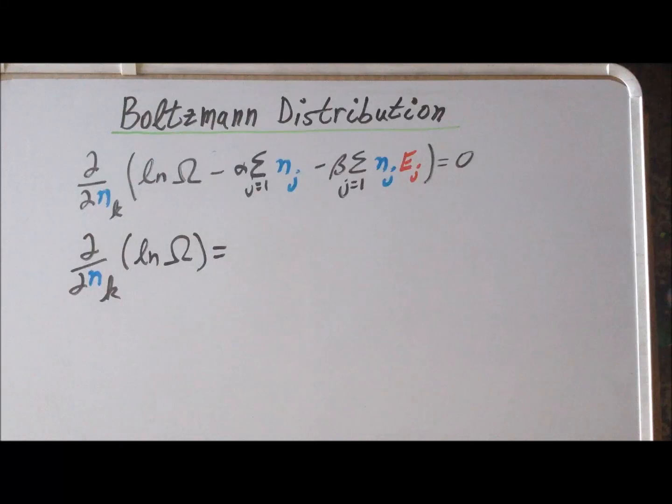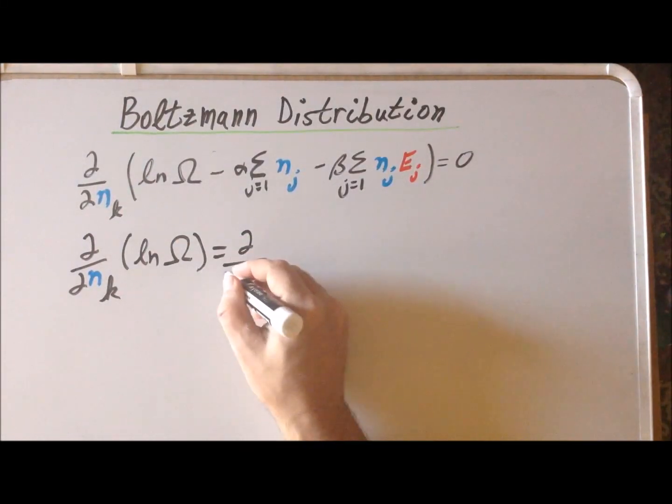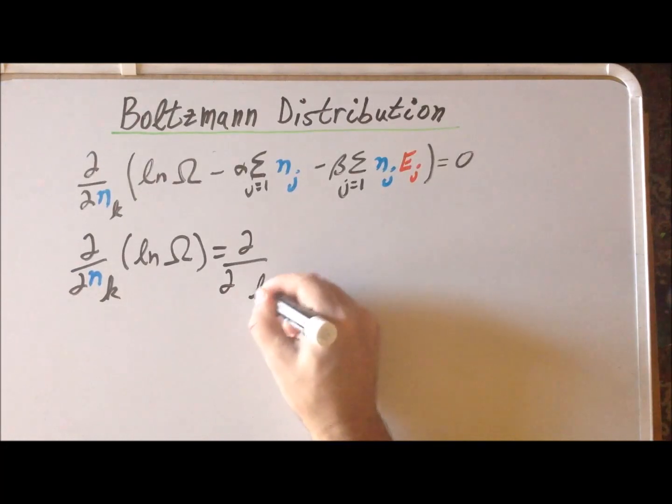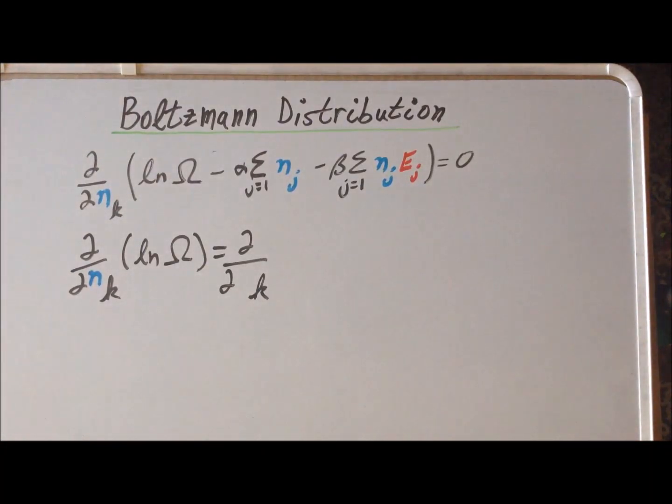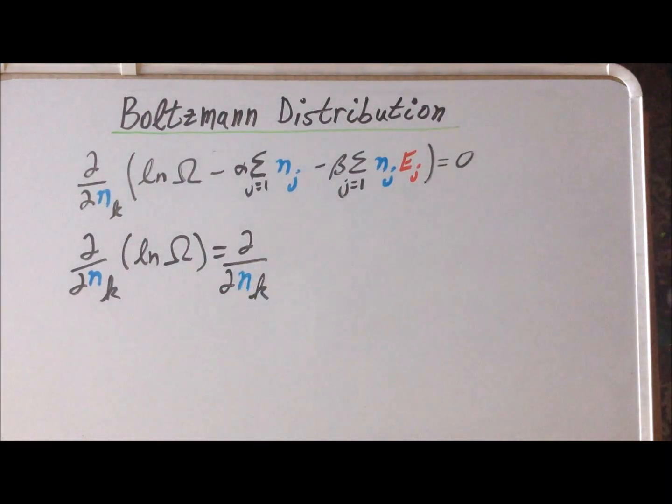Then we want to replace natural log of omega with the expression that we had already worked out for natural log of omega in the case of the canonical ensemble.